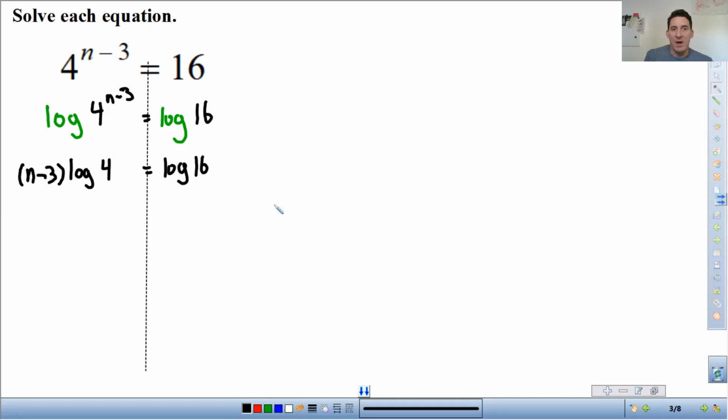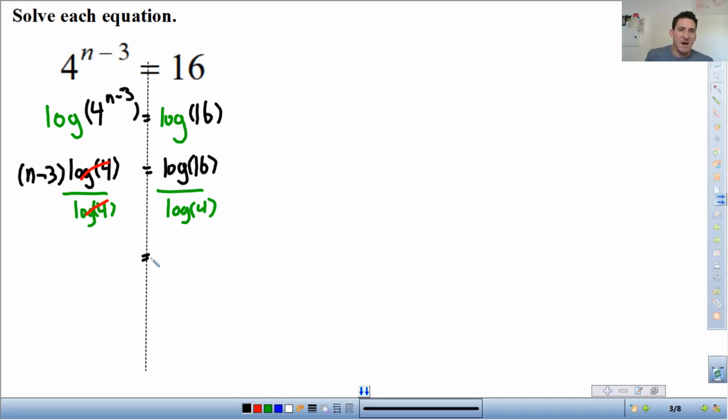All right. Now I can solve from here. I should use some parentheses just to clean this up a little bit. I can divide both sides by the log of 4. And so these cancel out.